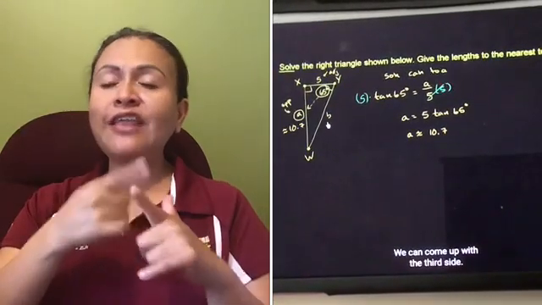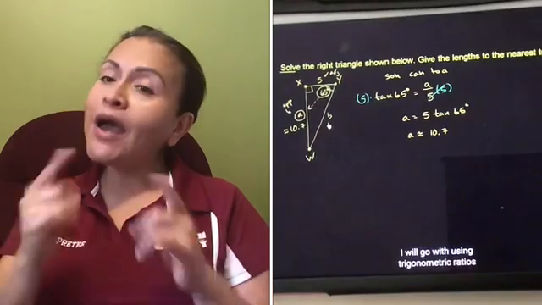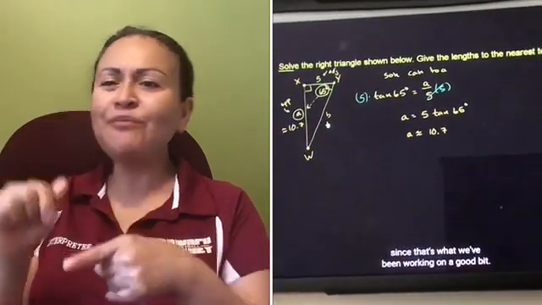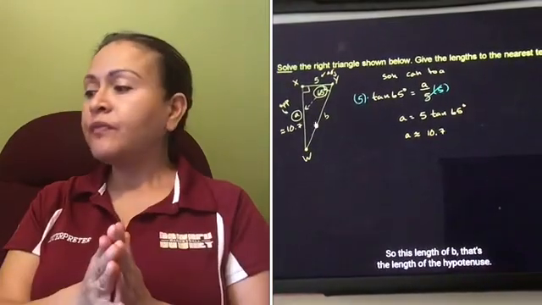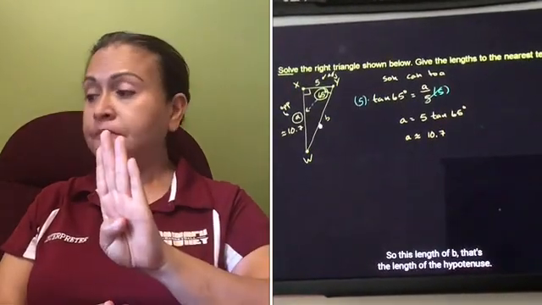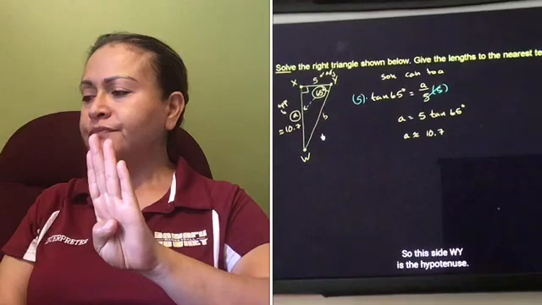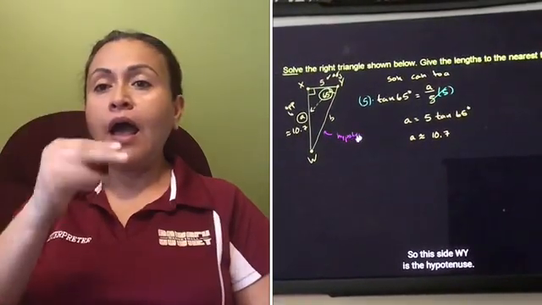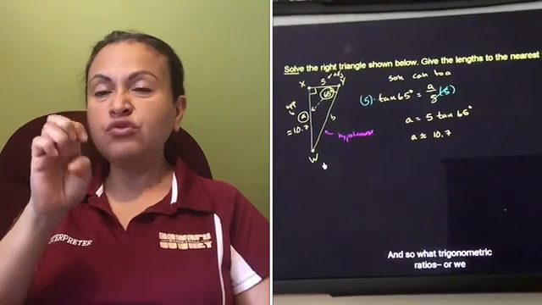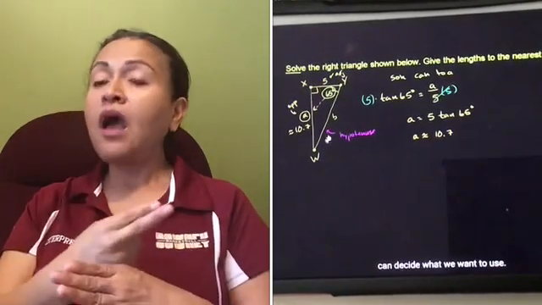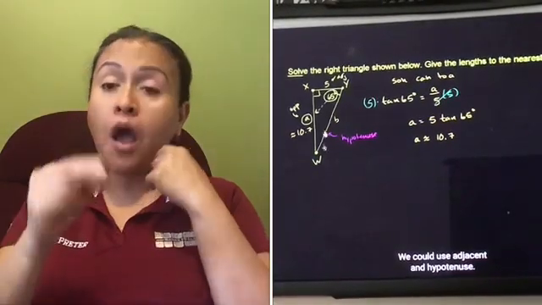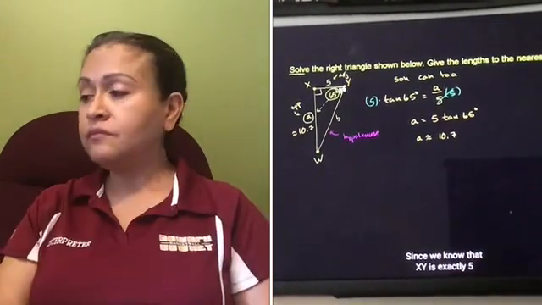I will go with using trigonometric ratios, since that's what we've been working on a good bit. So this length B is the length of the hypotenuse. This side WY is the hypotenuse. We could use opposite and hypotenuse, or adjacent and hypotenuse. Since we know that XY is exactly 5, and we don't have to deal with this approximation, let's use that side.